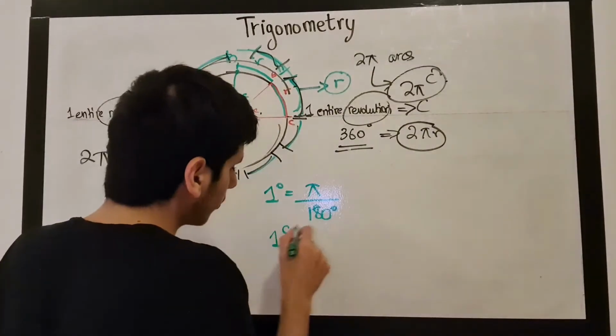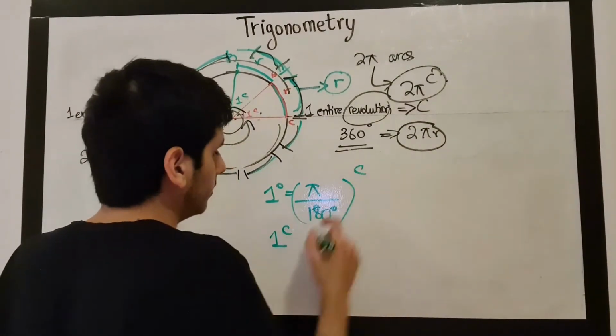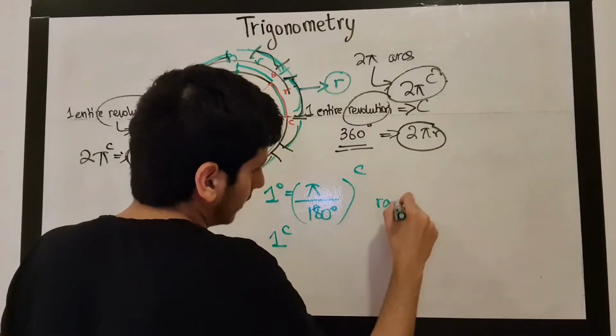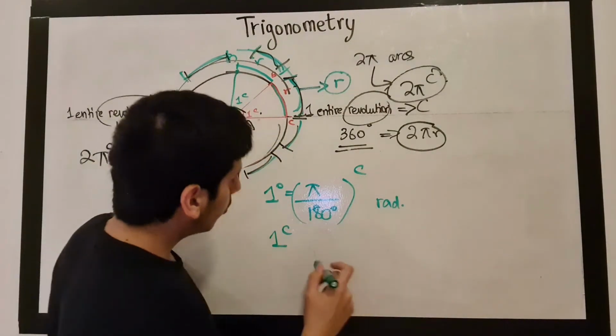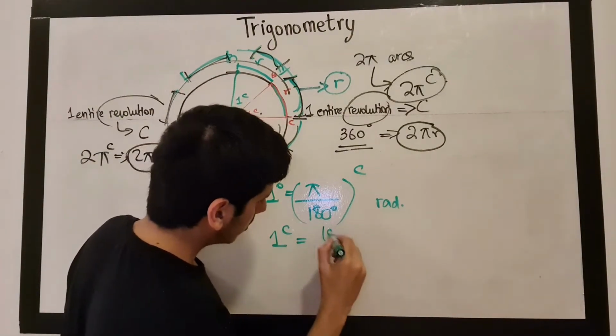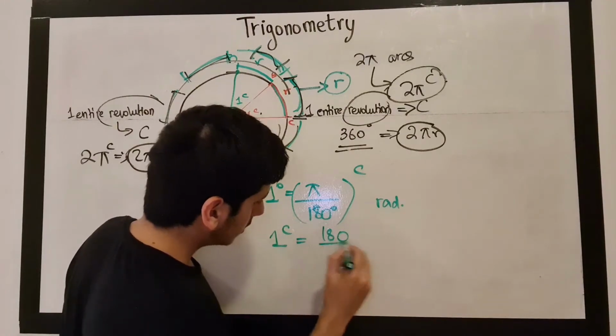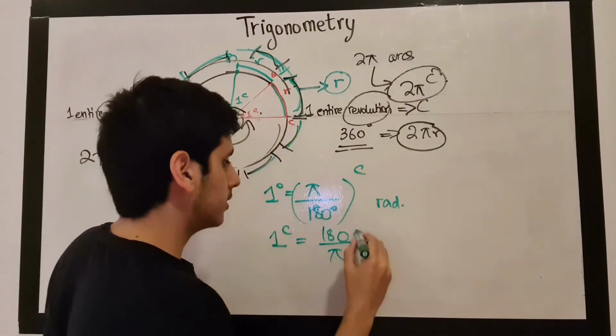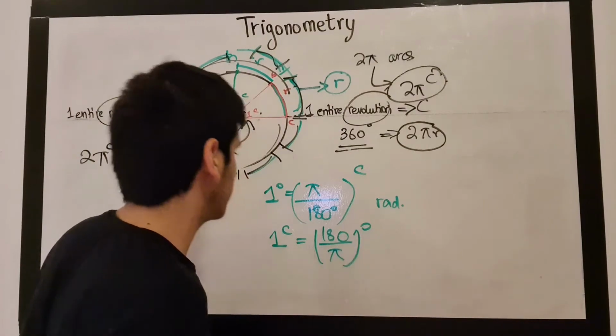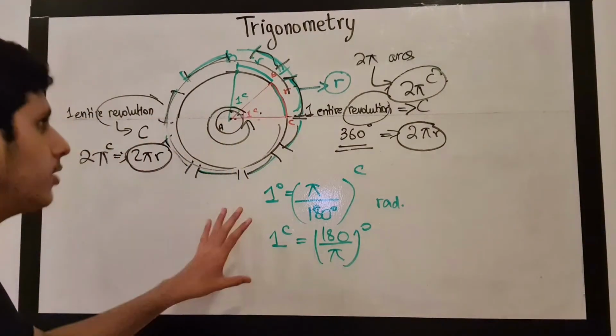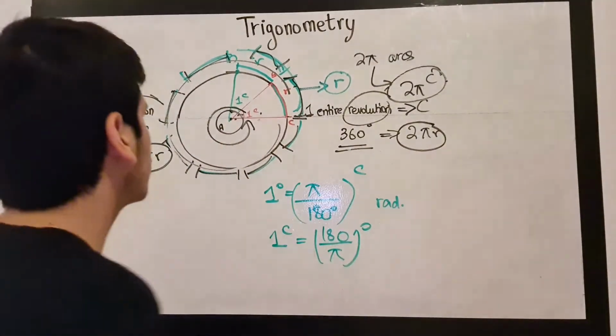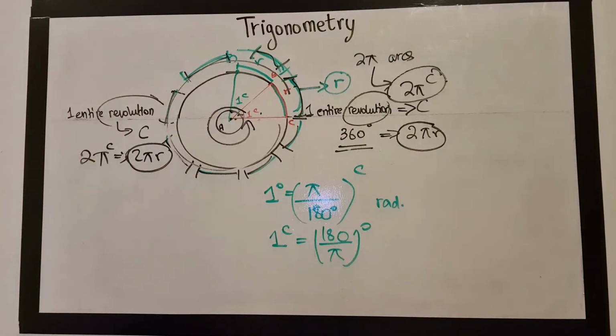And 1 radian, or rad, I would refer to as 180 upon pi degrees. It's better to use pi because it eases your calculations and your solutions.